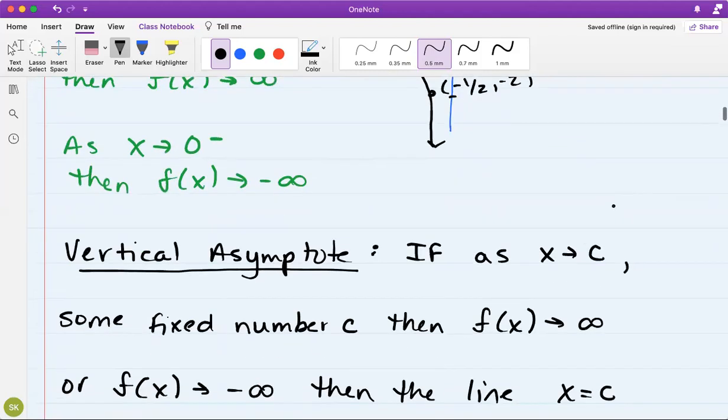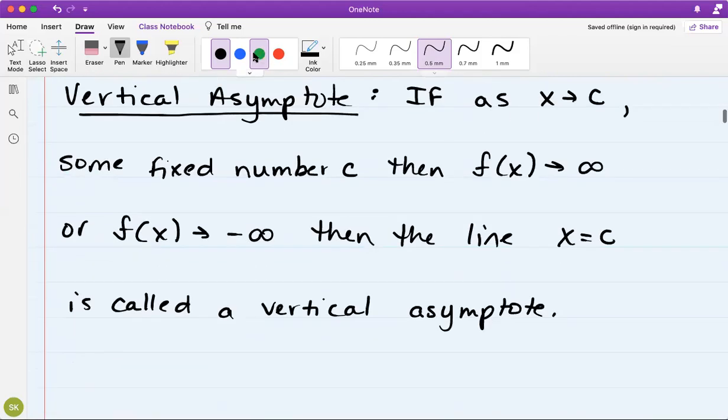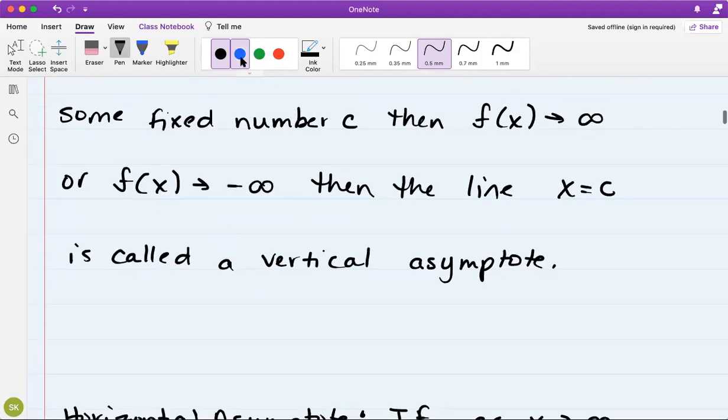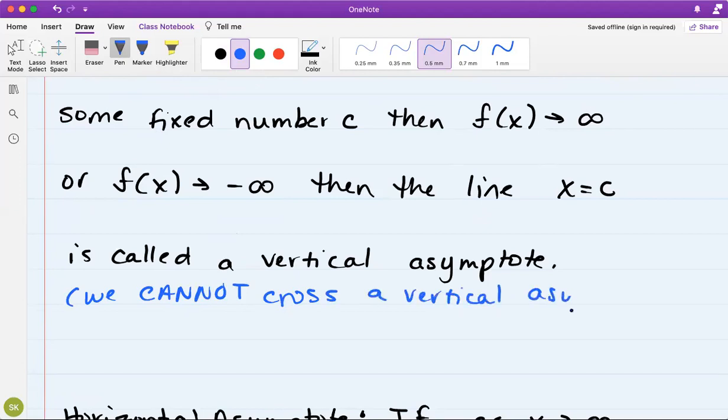Okay. I also want to mention, I'm going to put it right here, that we cannot cross a vertical asymptote. Okay.